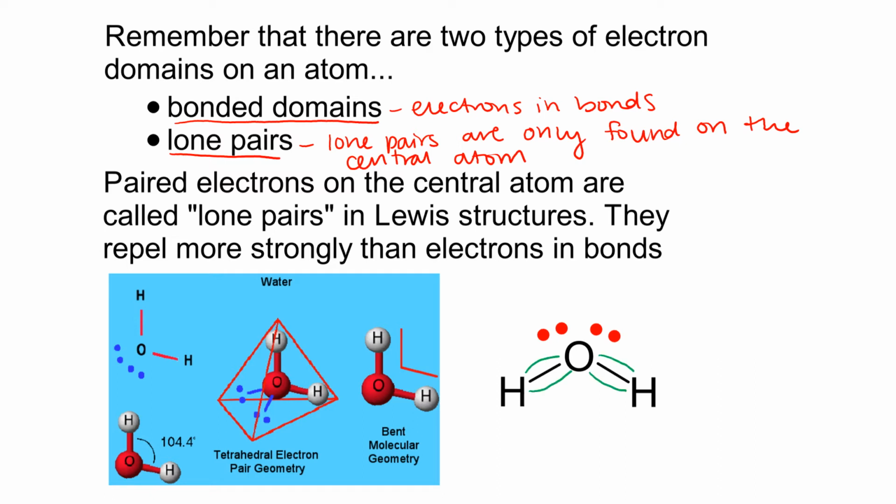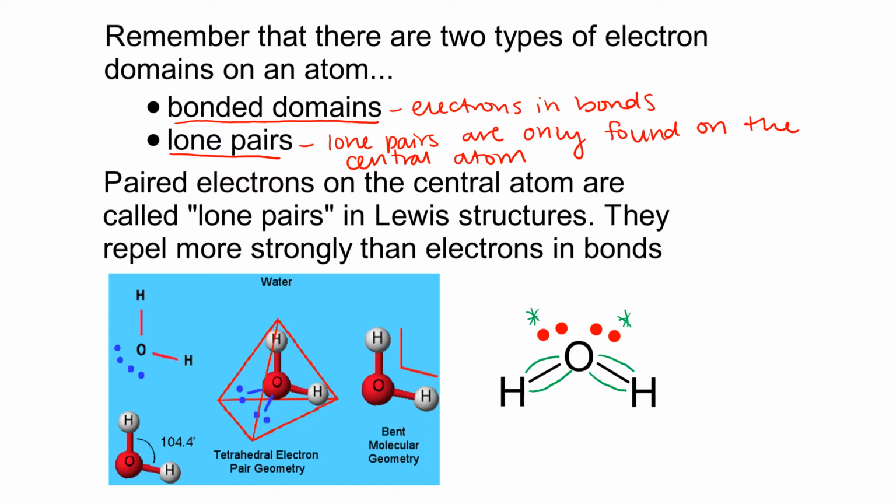Even though they're being shared, because they're being attracted to two different nuclei, there's not a whole lot of space for them to move around. Whereas when we look at the two lone pairs on the oxygen in the water molecule, these lone pairs are only really being attracted by the oxygen atom.